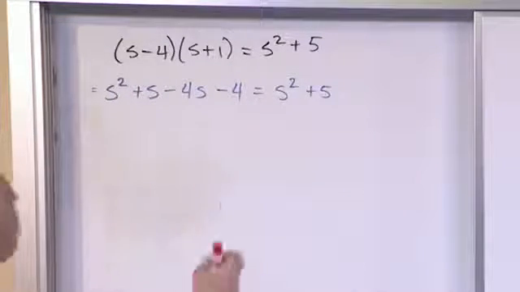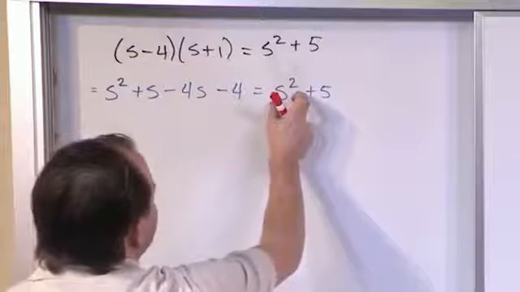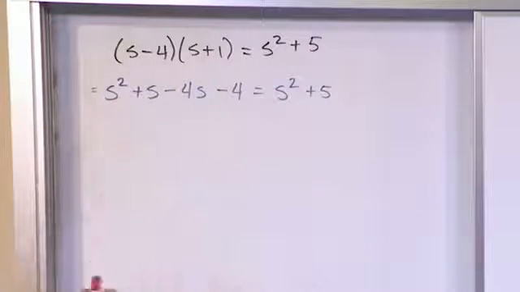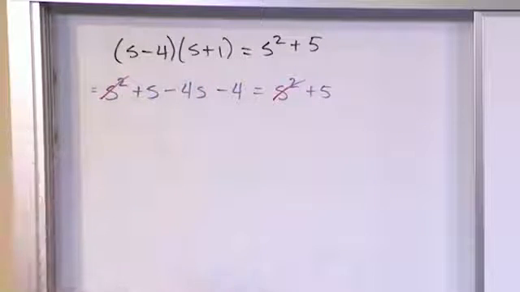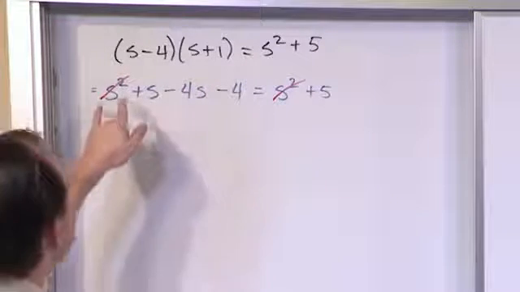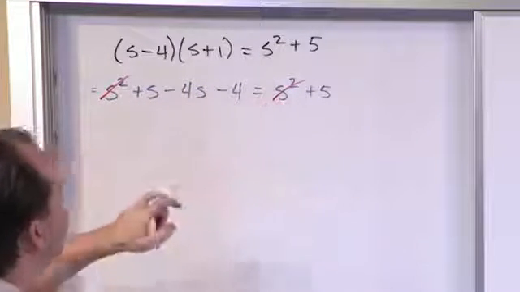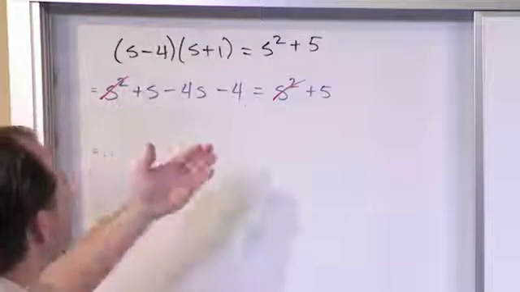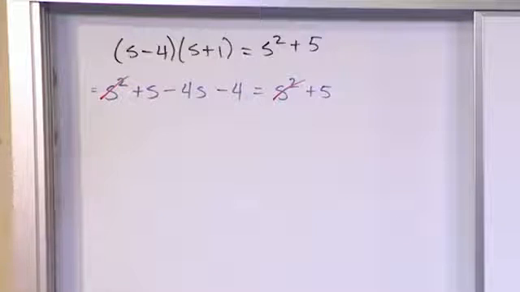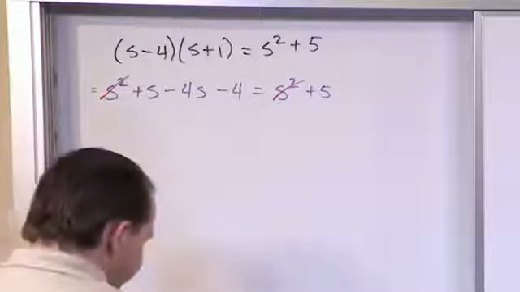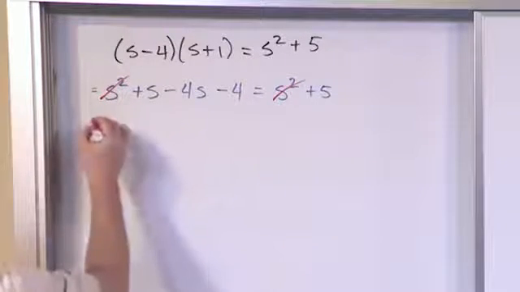The way you would do it is you'd subtract s squared from this side, but you remember that as soon as you do that, the s squared goes away, because we have s squared on the left and s squared on the right. If I subtract s squared from both sides, they just disappear from both sides. So it's gone, and you can disregard that.